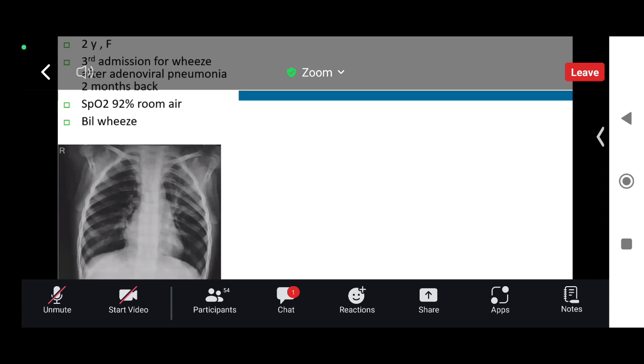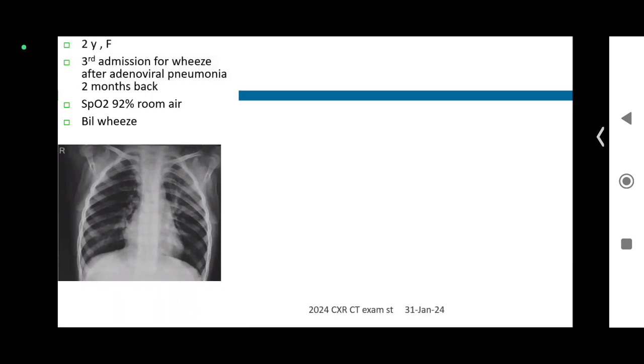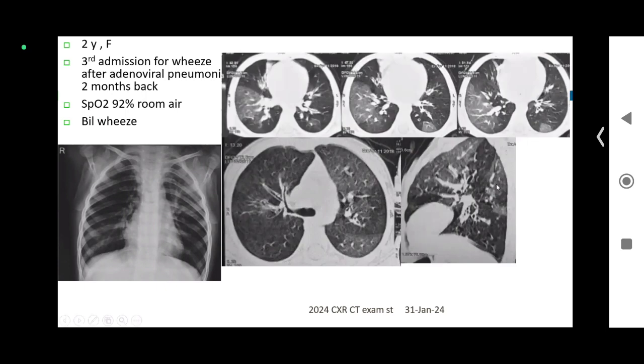This is a child who was admitted for adenoviral pneumonia, the third admission after the child got treated for adenoviral pneumonia. The child has come with a wheeze. This is how the CT will look, even though the X-ray can be like this. What is this? You have a mosaic pattern. What do you mean by a mosaic pattern? You are able to see the vessel markings here. Look at the top right one. You are able to see the bronchovascular marking, the pulmonary artery, and follow it up to the periphery. But the lung parenchyma is not dark.